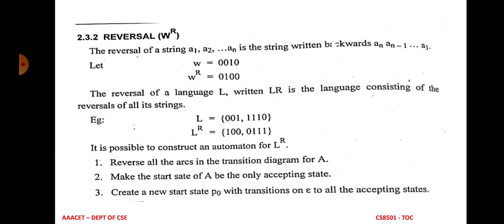Then the reverse of the particular language, L power R, is equal to the reverse of each and every individual string: 100 and 01111. So this is the reverse of the particular language. So if a language is regular, then the reverse of the particular language is also regular, because it belongs to the given input alphabet.